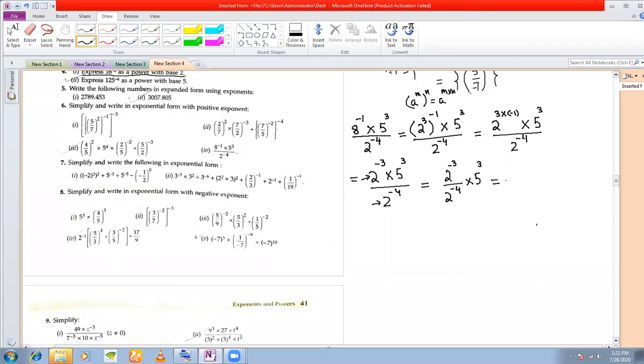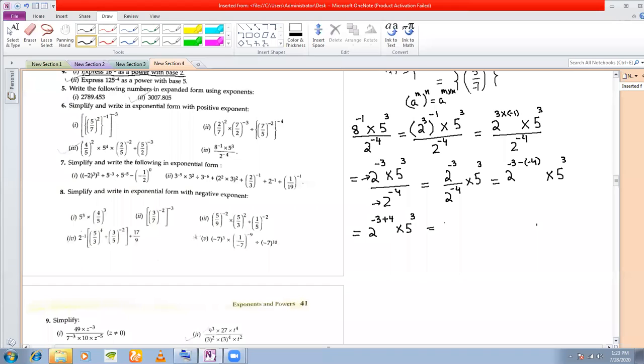Now I use e to the power of m by e to the power of n. So this can be written as 2 to the power of minus 3 minus of minus 4. Isn't it? Any disagreements here? This is minus 3 plus 4 into 5 cube.